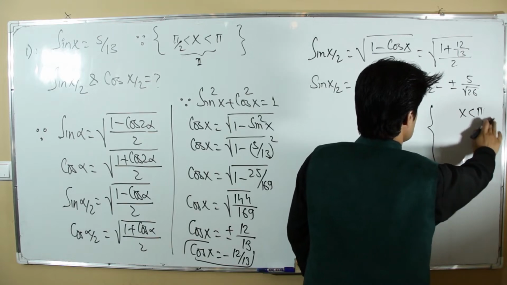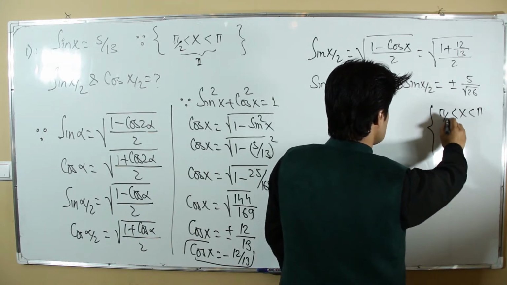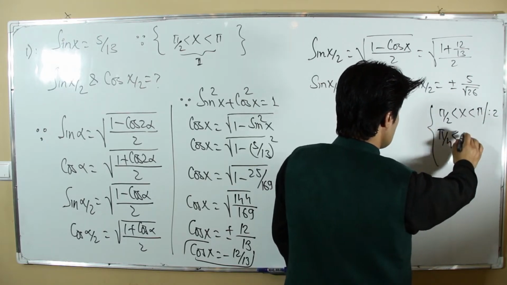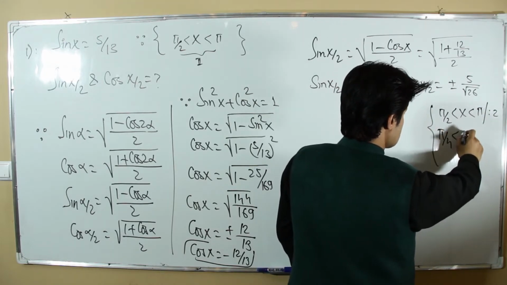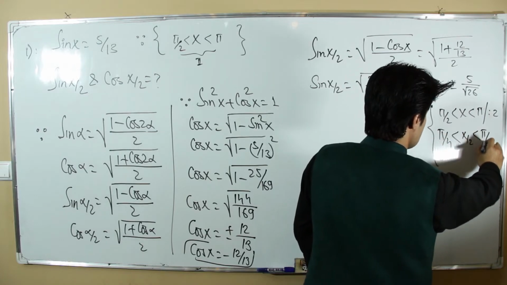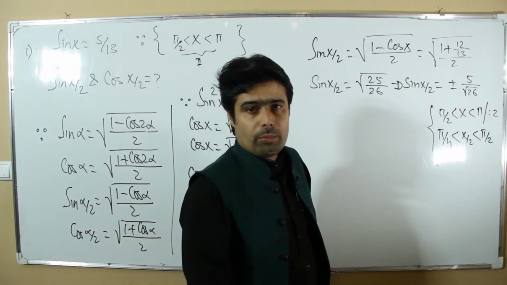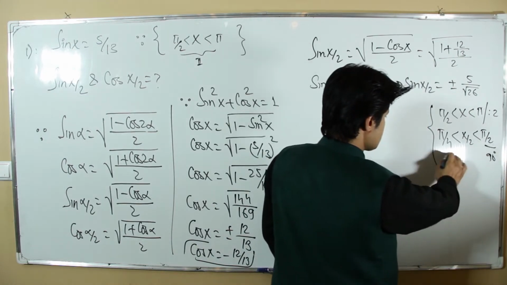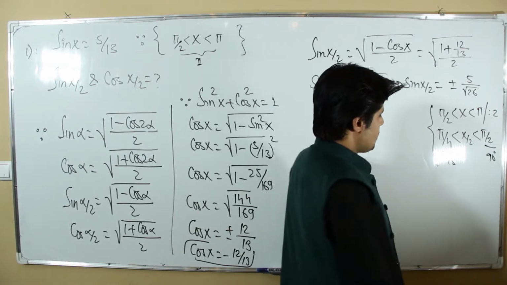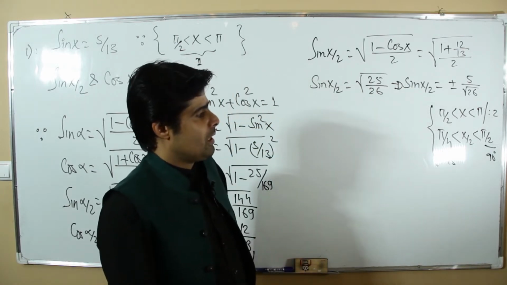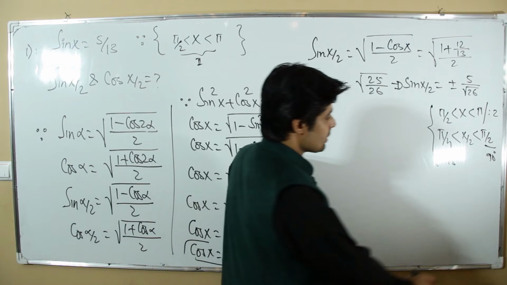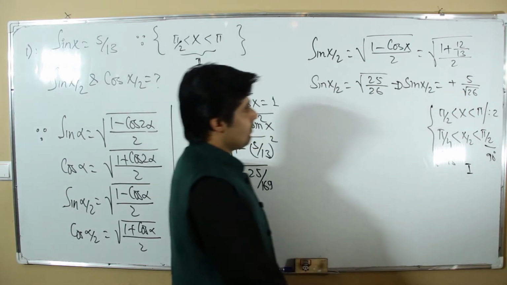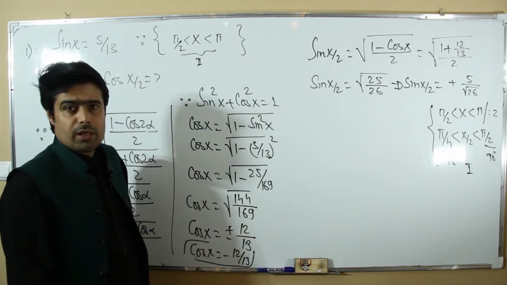Now divide all sides by 2, so you have pi by 4 and this one is x by 2 and this one is pi by 2. Between pi by 4 and pi by 2, so it is in the first quadrant. Why? This is 90 degrees and this one is 45 degrees. The angle should be greater than 45 and smaller than 90, I mean this is in the first quadrant. If this one is in the first quadrant, so positive is correct: plus 5 by root 26.